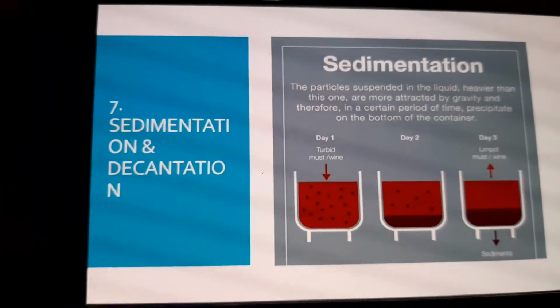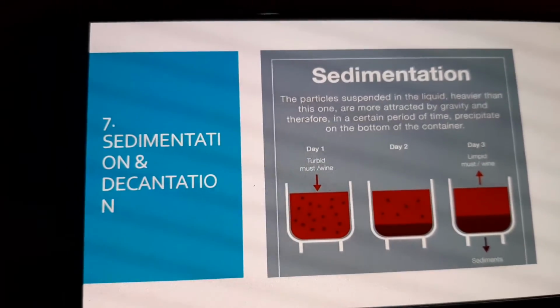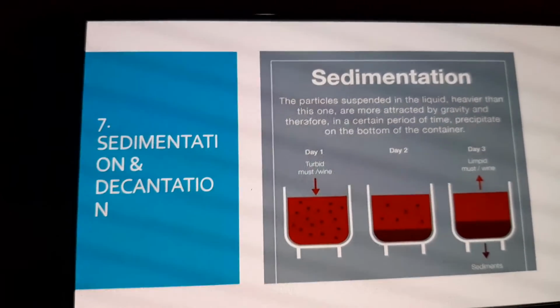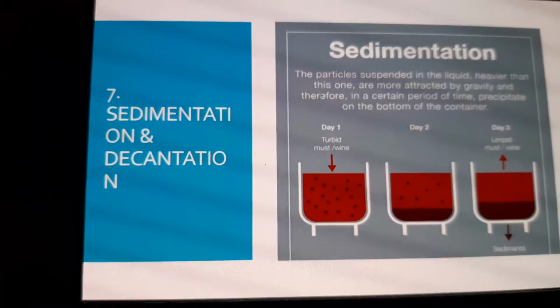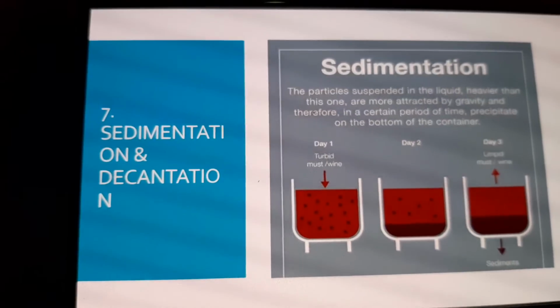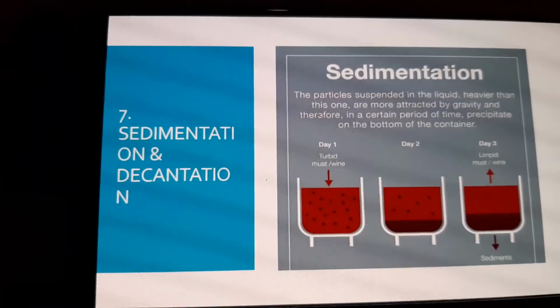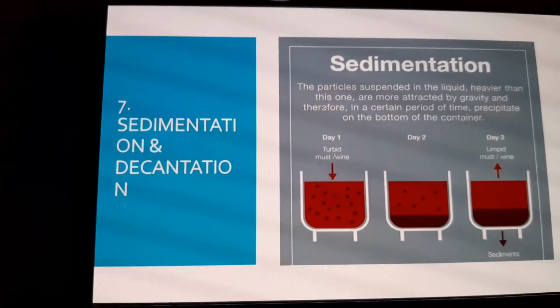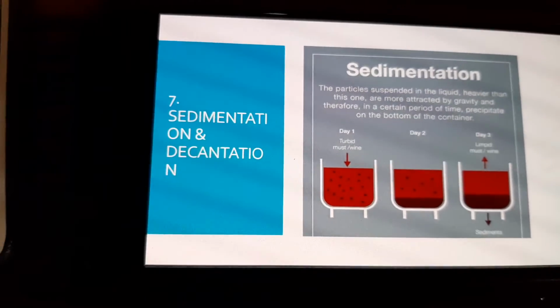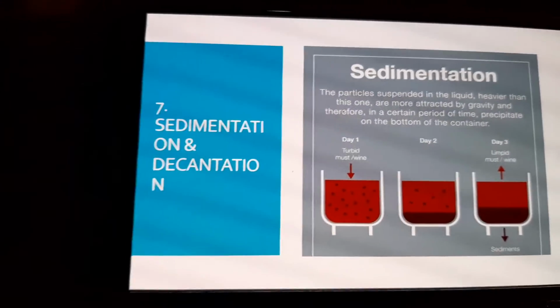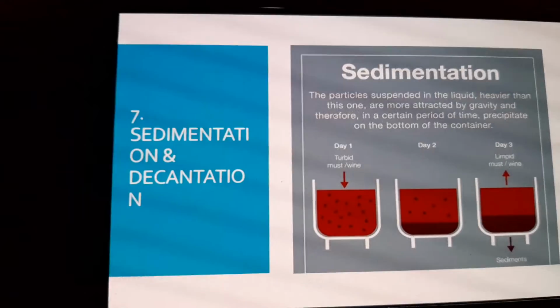On day one, it is a random mixture of particles. On day two, the heavier particles are attracted by gravity and move towards the bottom. And on day three, you can see the complete sedimentation of particles.